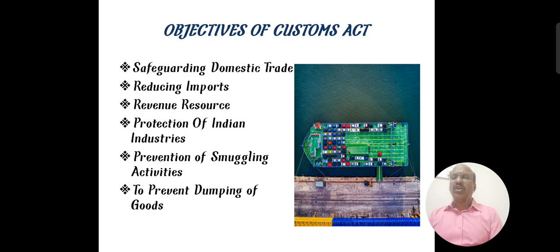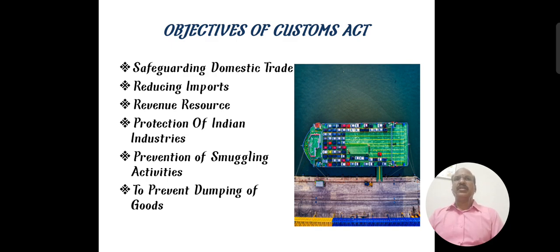First one, safeguard of domestic trade. The first and foremost aim of the government is what? To protect the local industries, to protect the domestic trade. For this purpose, they have to restrict the import of goods. In what way?